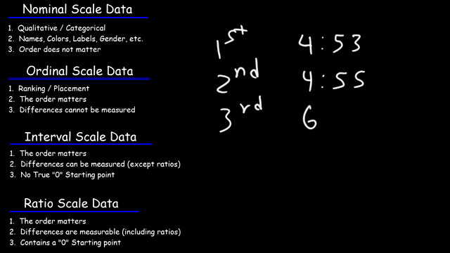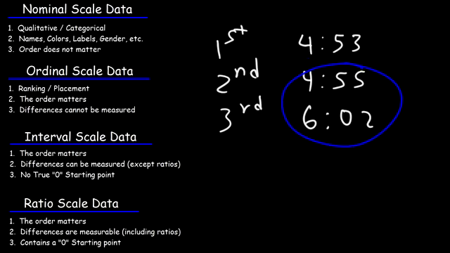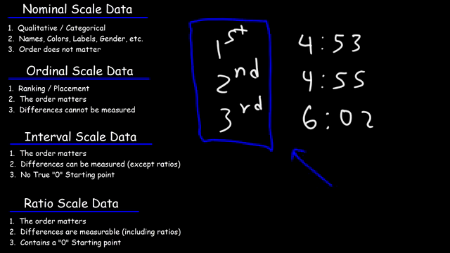Maybe he took 6 minutes and 2 seconds. And so the difference between the first and the second place winner is much different than the difference between the second and the third place winner. And so if you don't have the time, you can't really use this data to measure the difference. So this is an ordinal scale data because differences cannot be measured unless you're given this data.